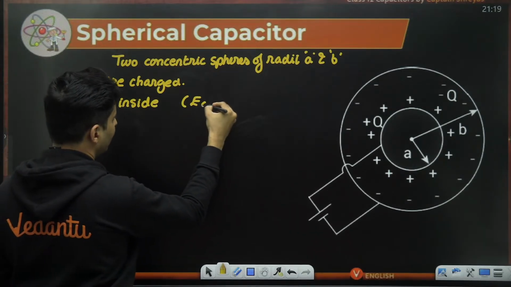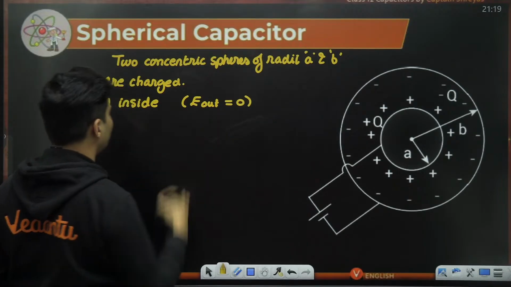Remember, again, the electric field outside will obviously be zero.